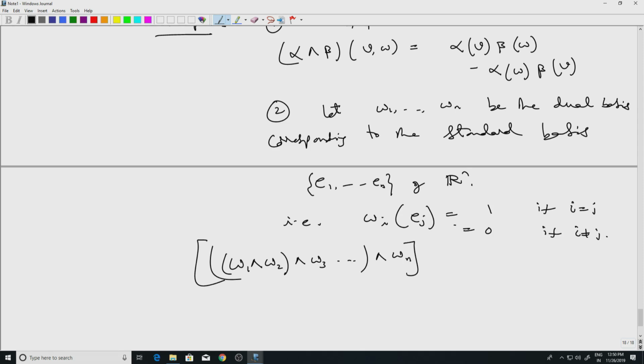So omega 1 wedge omega 2 and so on. First of all let's notice that omega 1 wedge omega 2 will be an alternating 2 form, and then when I take omega 3 it will be a 3 form and so on. So ultimately I'll end up getting something in A^n(R^n), and I don't have to put these brackets at the end. And the claim is that this thing here is exactly the determinant in fact.